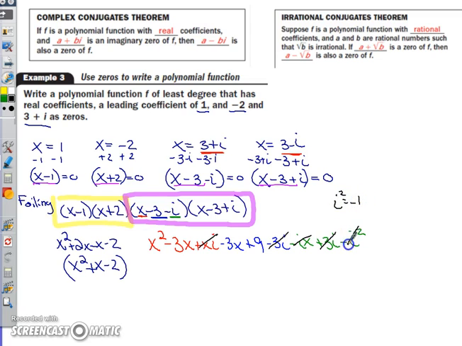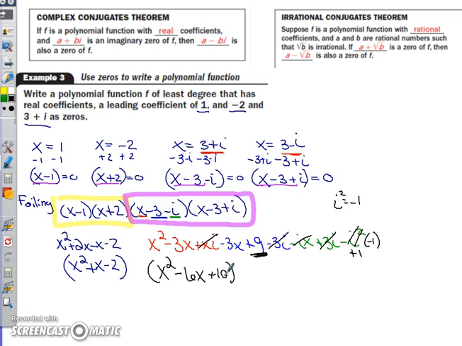So I can replace it with a negative 1. But negative times negative 1 is going to give me a positive 1. So what we have here is x squared minus 6x. And then this 9 and negative 1... I said this 9 and the plus 1 is how I got this 10, so plus 10.